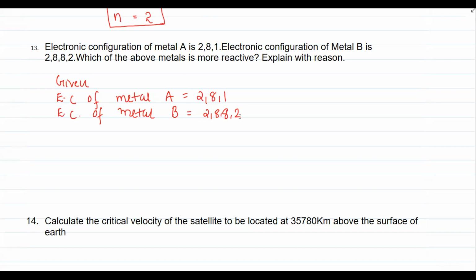So if the valency is 1, in the case of metal A, it can lose the electron easily.